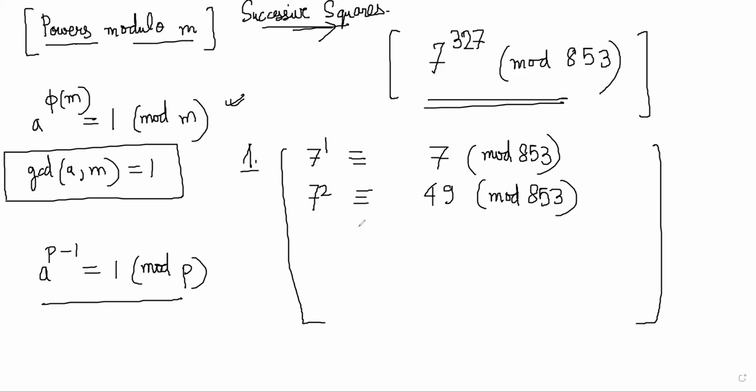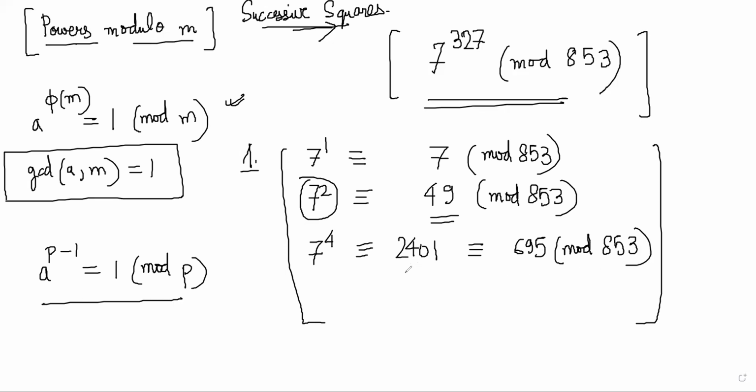Now 7 power 4 you can do in multiple ways. You already know that 7 square is 49, so 7 power 4 will be 49 square mod 853. 49 square is 2401, and he has made that table for you in the book. It is 695 mod 853.